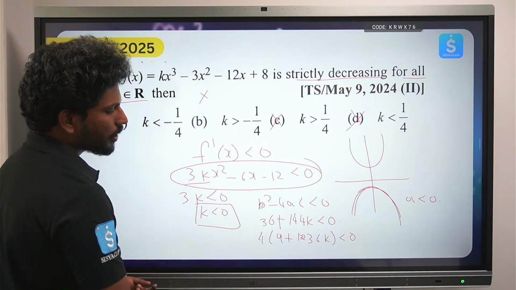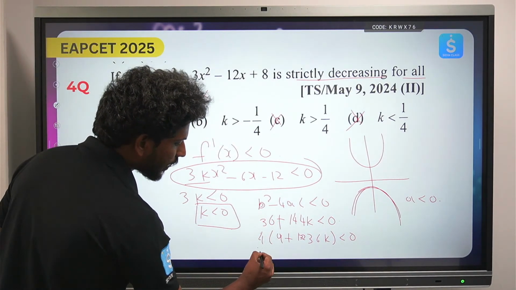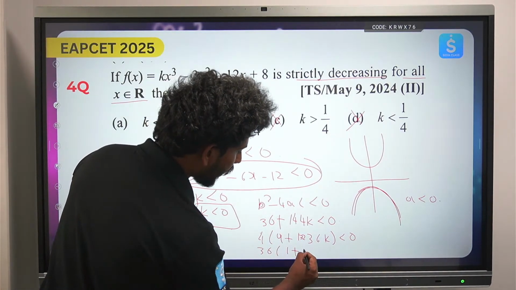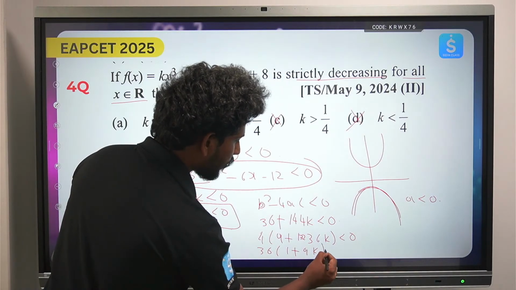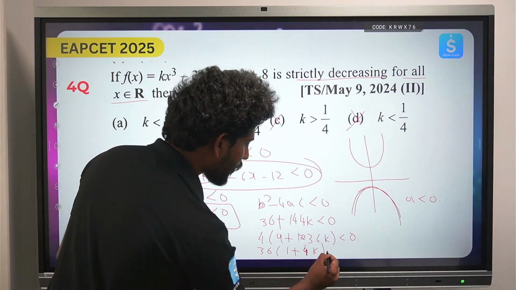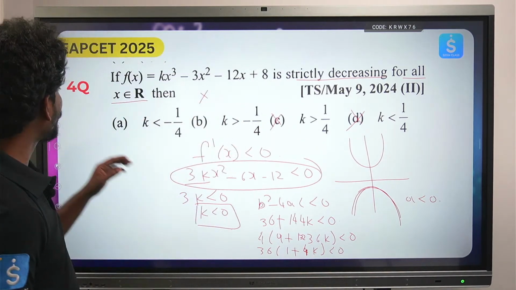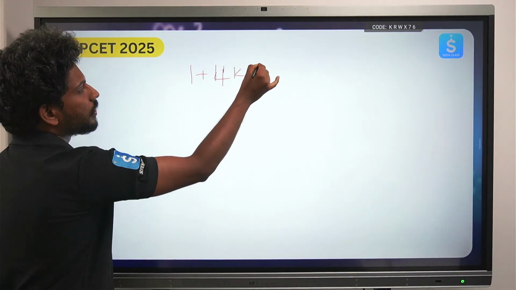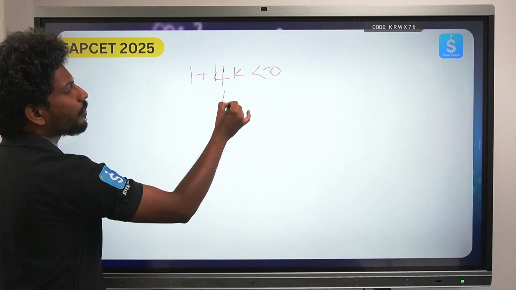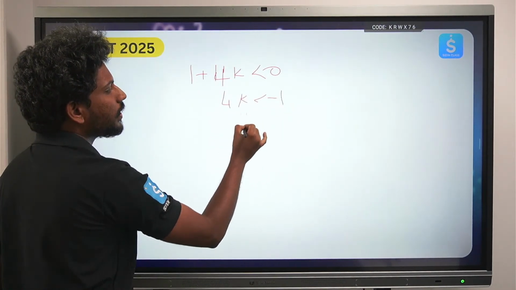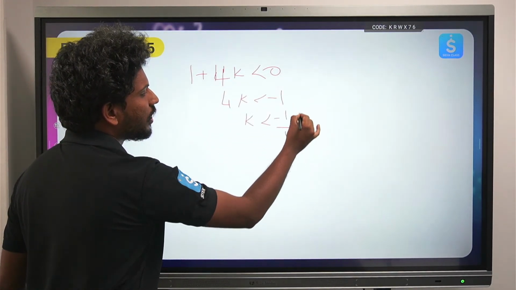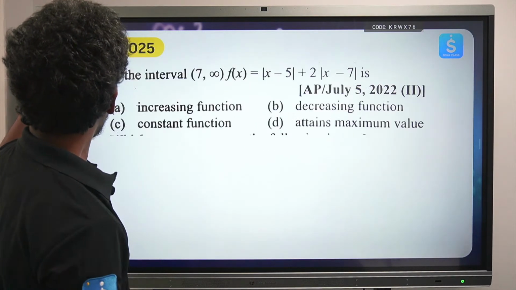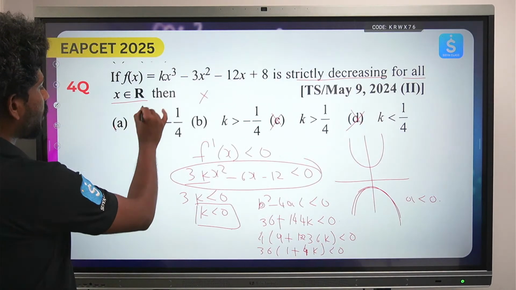Again you can take 9 common, so that will become 36 times 1 plus 4k. So 1 plus 4k is less than 0. So from here I got 4k is less than minus 1, k is less than minus 1 by 4. So we got the inequality, right? The k value is less than minus 1 by 4. So the answer is option A.